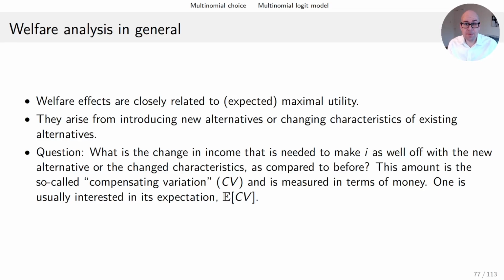Introducing new alternatives brings us back to McFadden's original application, where a new commuter train was introduced. And it's actually quite complex to think about this. So you can think of one consumer who would be completely oblivious to this, right? He would just prefer his car, would never ever choose the commuter train. So the welfare effect for this consumer would actually be zero, right? To first order.